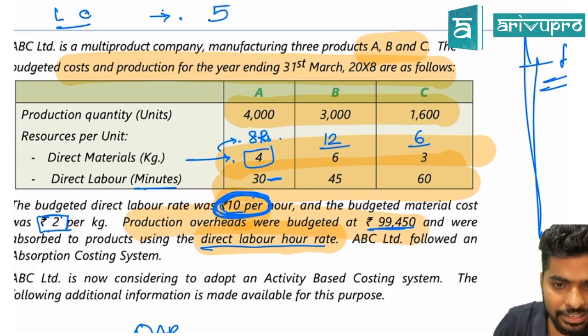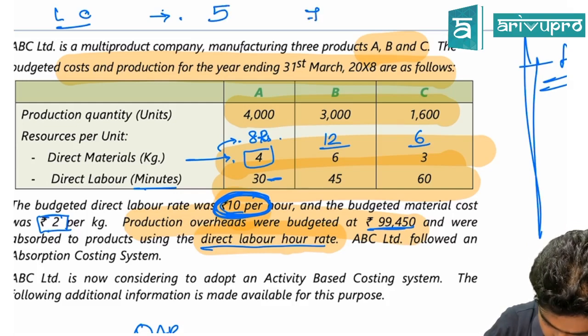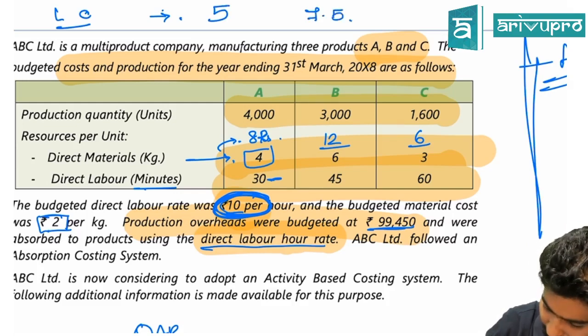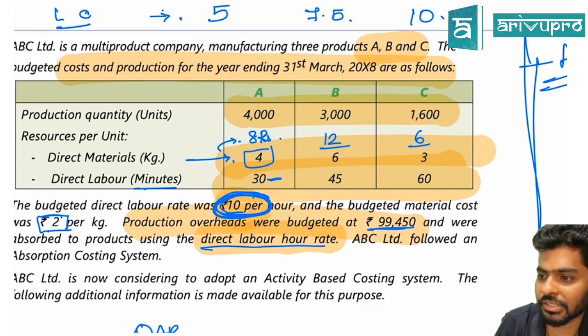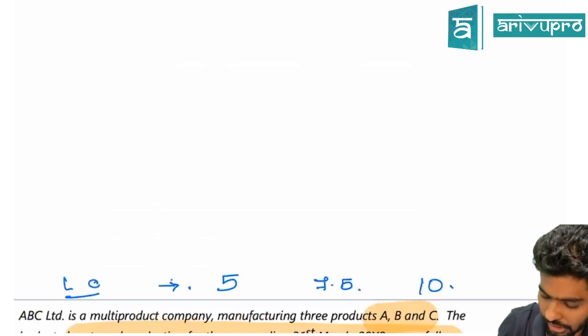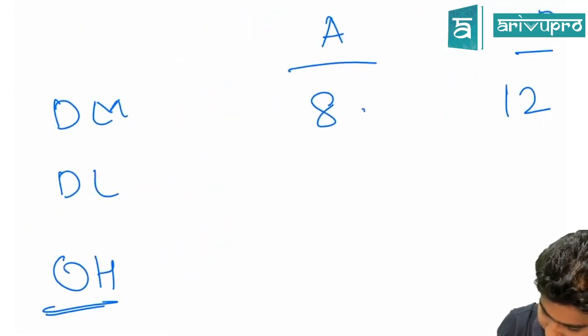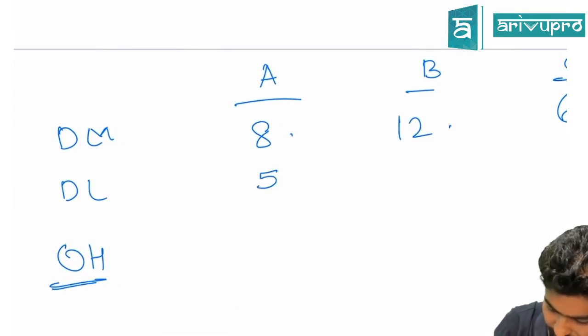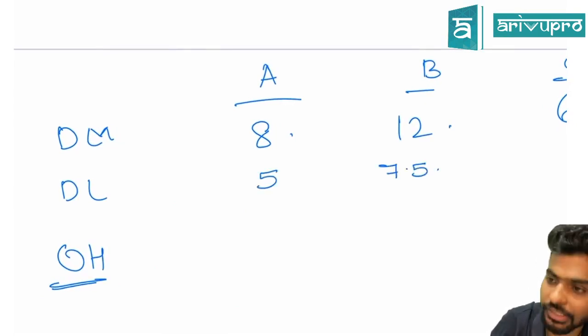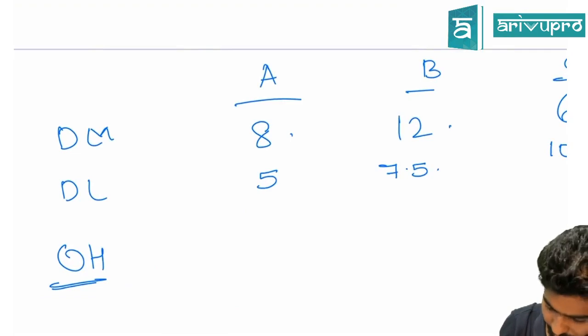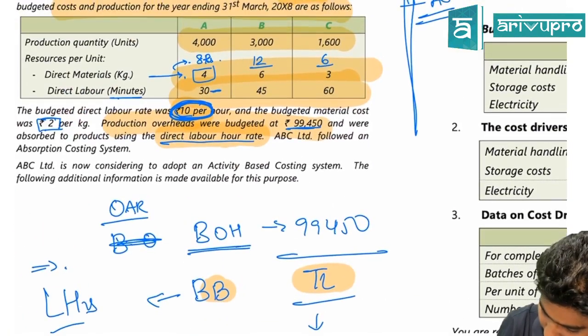For the second guy, it's going to be 7.5 and the third one, it's going to be 10 rupees. Correct? So I'll write the labor cost. That is 5, 7.5 and 10.